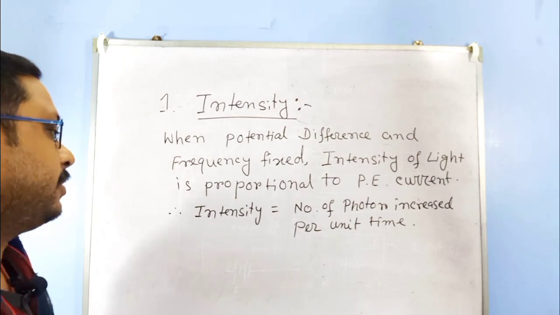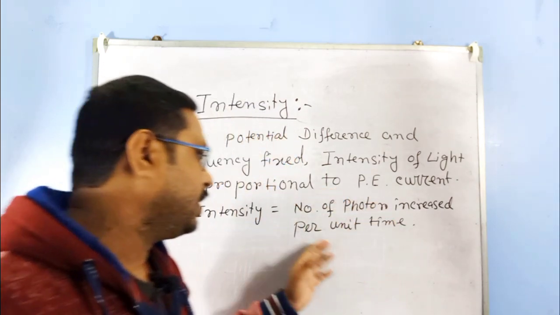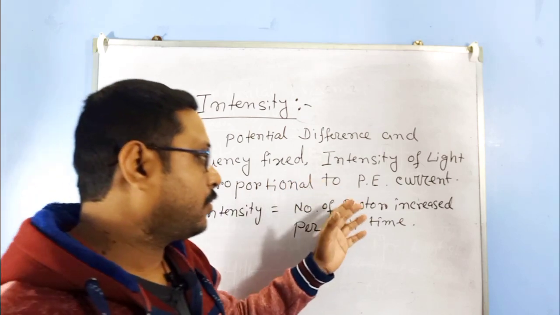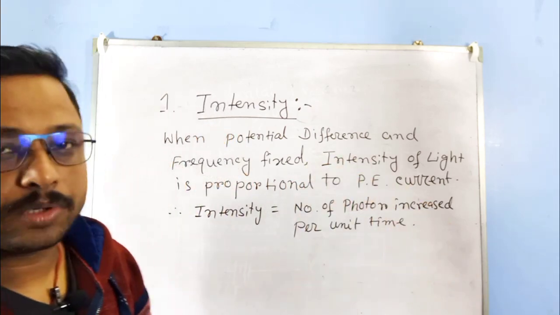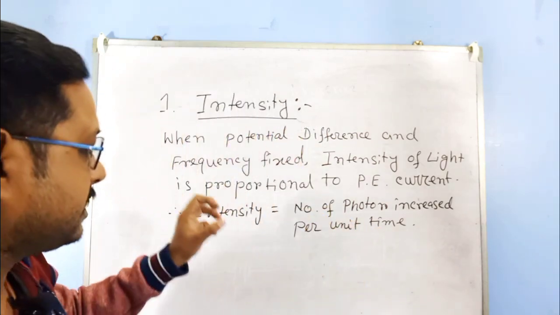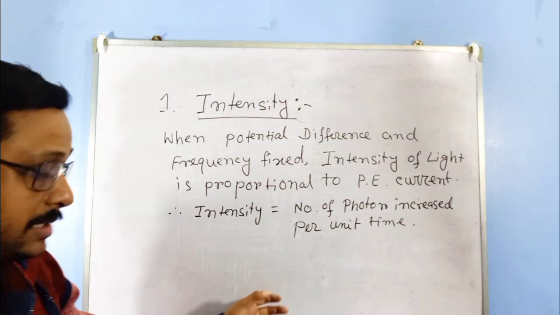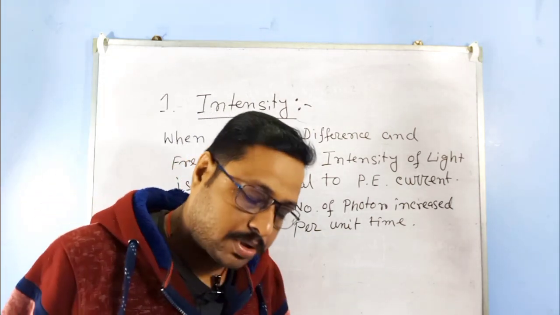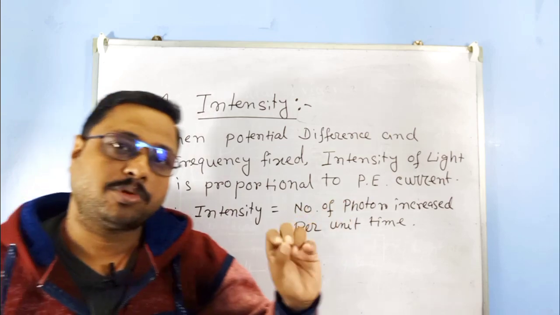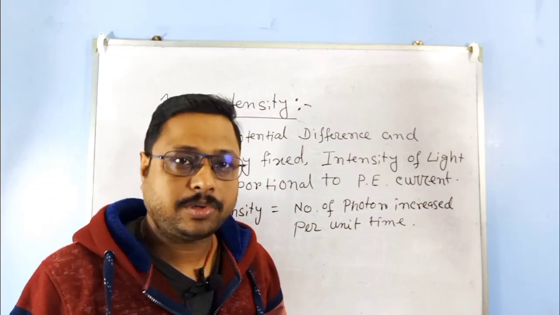As one photon ejects only one photoelectron, more intensity means more photons strike the metal surface, and as more photons strike the metal surface, it will eject more photoelectrons, and more photoelectrons means more photocurrent.